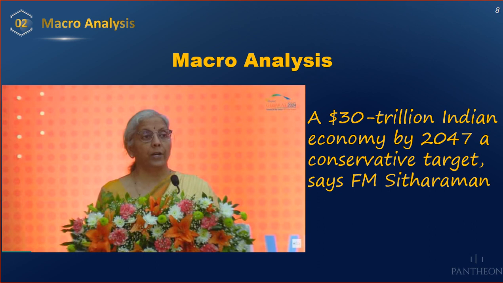Therefore, it is possible that by 2027 to 2028, we will be the third largest economy, with our GDP surpassing $5 trillion. Sitharaman said that at the Vibrant Gujarat Global Summit on the 10th of January. She added, as I said before, by 2047, our economy size will conservatively reach at least $30 trillion.